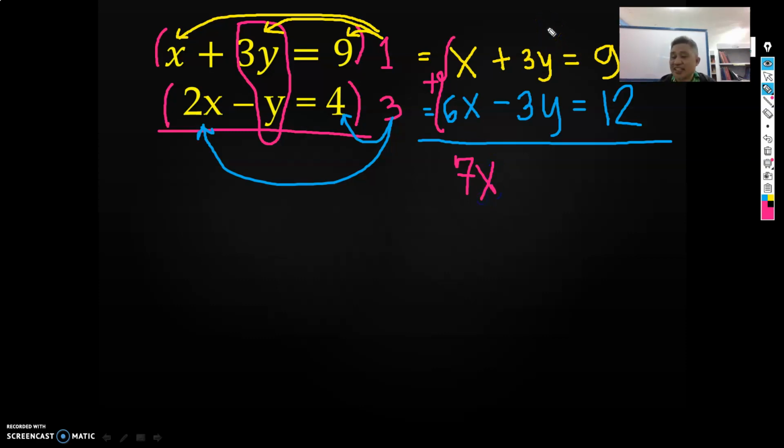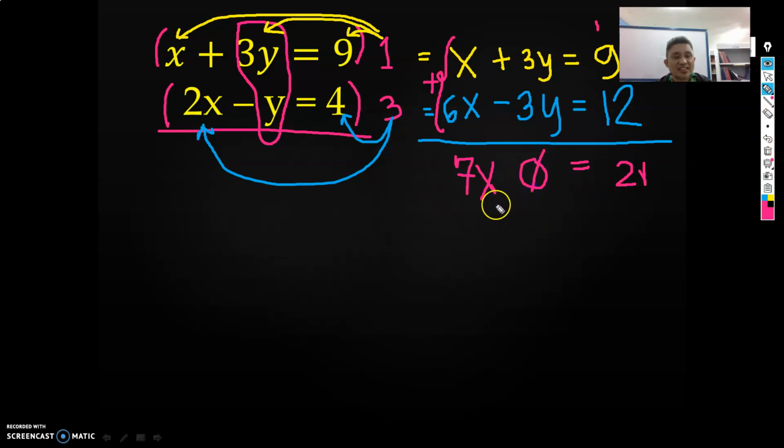Positive 3y, negative 3y is 0. Okay, so 9 plus 9 plus 12 is, okay, so 9, 10, 11, is 21.